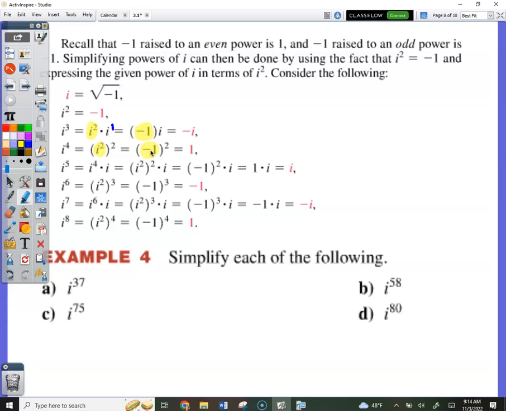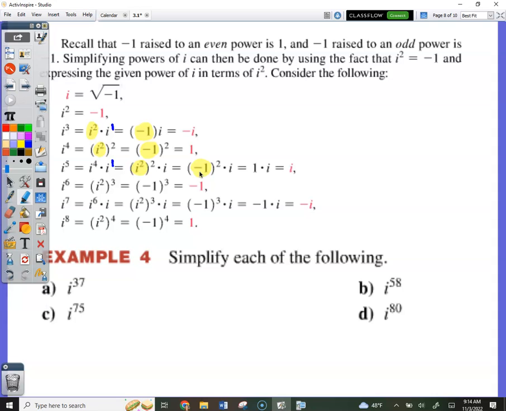Come back over here. What about to the 5th power? Well, isn't that just to the 4th power times i? What is the 4th power? Well, I just showed you. It's i squared squared. What is i squared? -1, which is +1 times i is i. What do you notice?